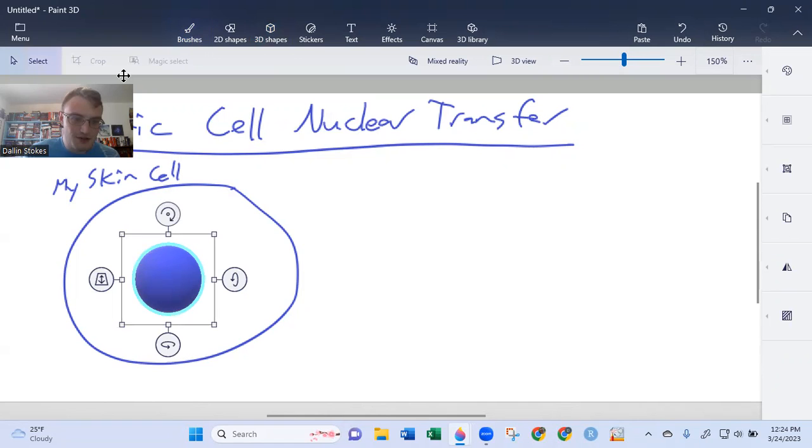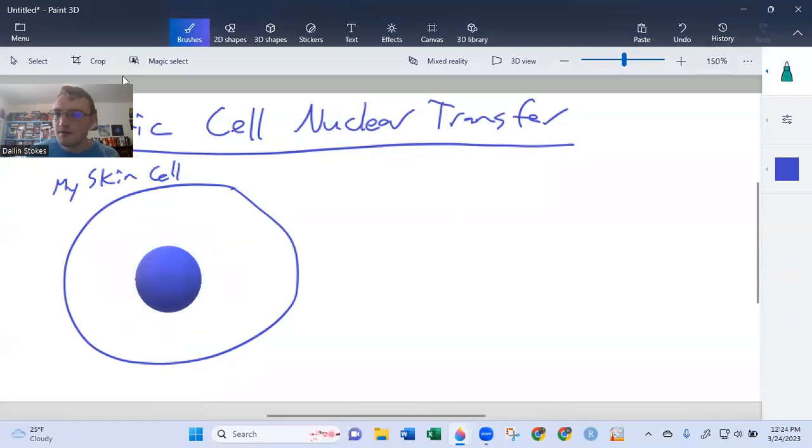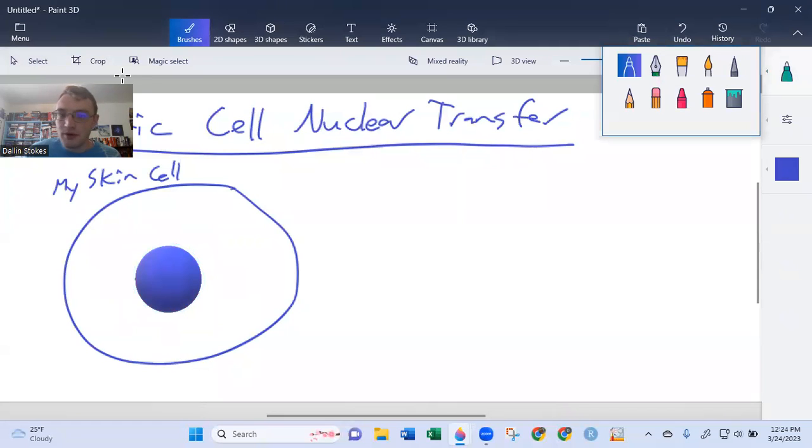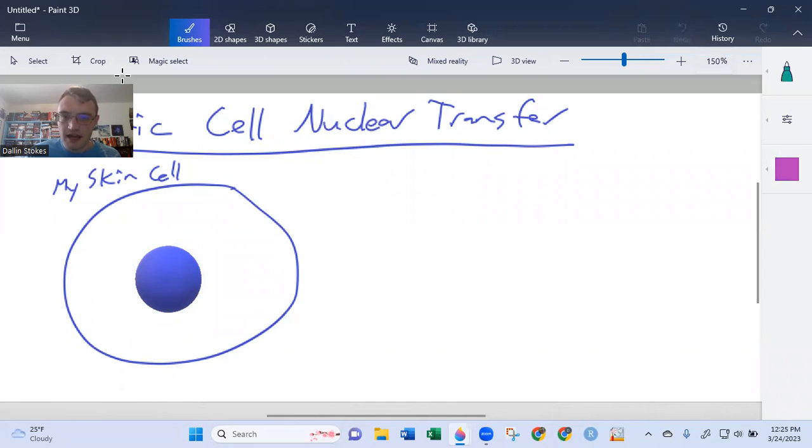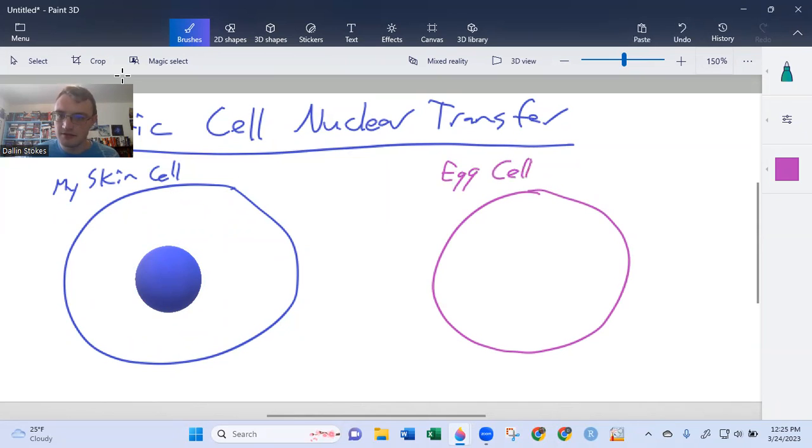So this nucleus here has all of my DNA in it. Now, this skin cell has my DNA, but it doesn't have the ability to turn into a baby. Now, over here, we've got an egg cell from some random lady. It was donated by some random lady.